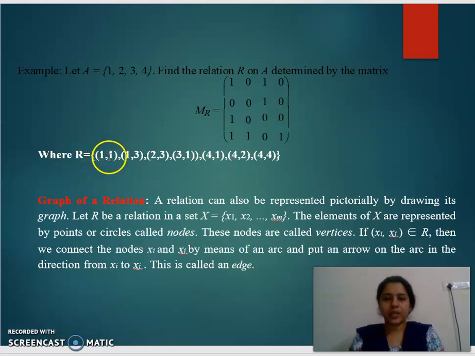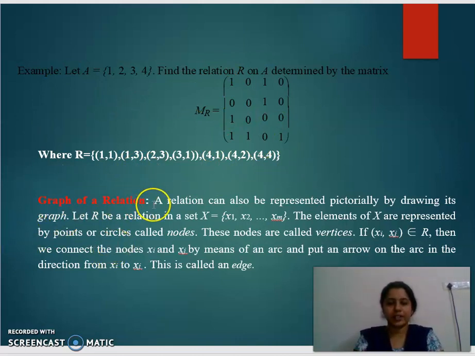As we have (1,1) in the relation, the first row first column is placed as 1, and the next pair is (1,3), so the first row third element is placed as 1. The next pair in our relation is (2,3), so the second row third column is 1. Next (4,1), (4,2), (4,4), so here we have 1 1 1 in the fourth row. This is how to write the relation matrix for any relation.